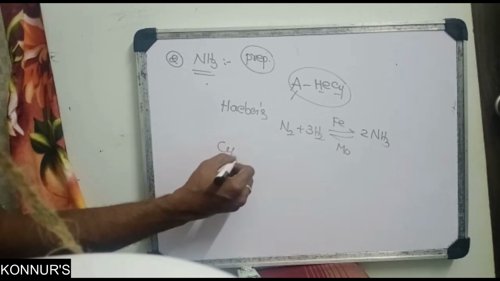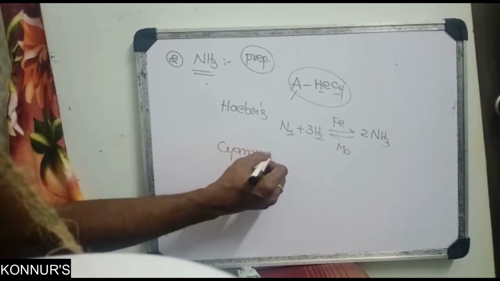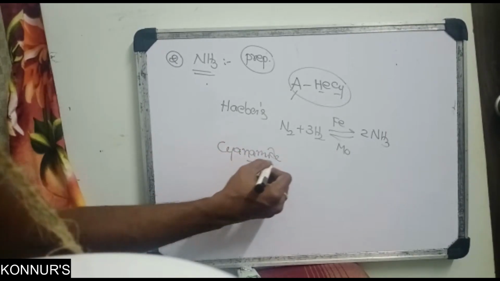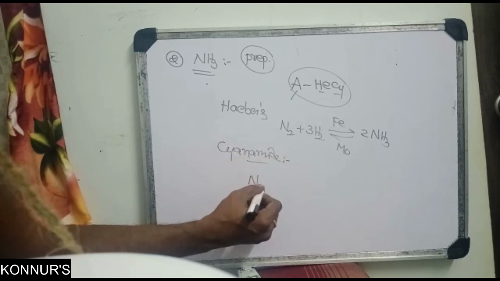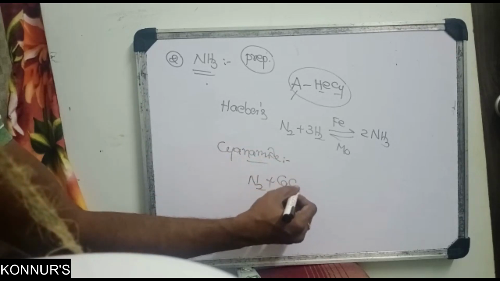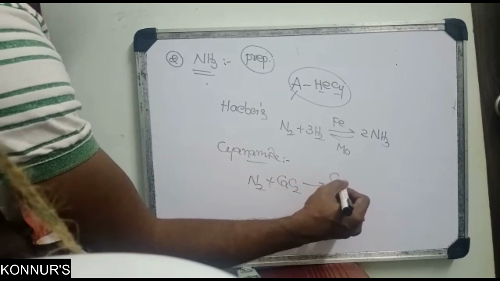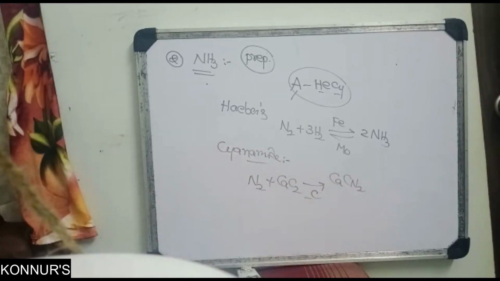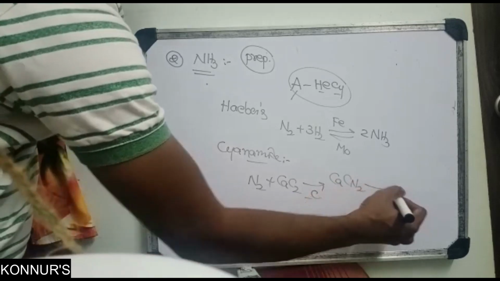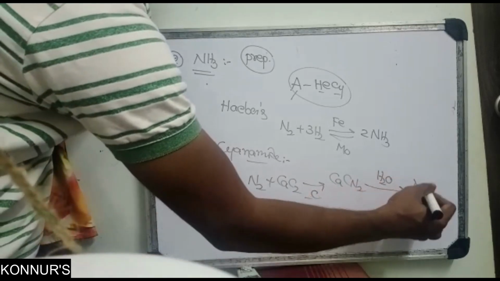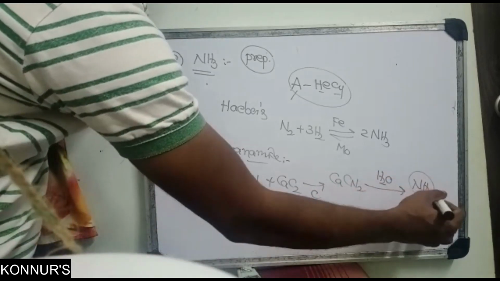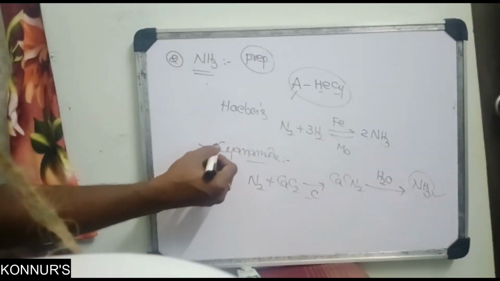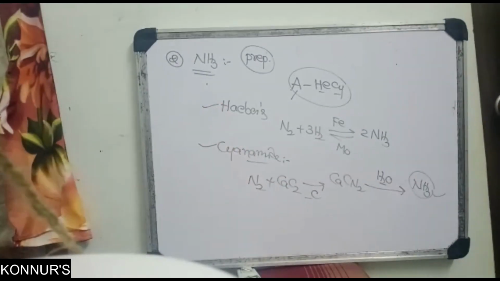Next, cyanamide process. Already we completed N2 plus CaC2. You are getting CaCN2. Carbon is eliminated. Now it is treated with water. You are getting ammonia. So one is the cyanamide process, another one is Haber's process.